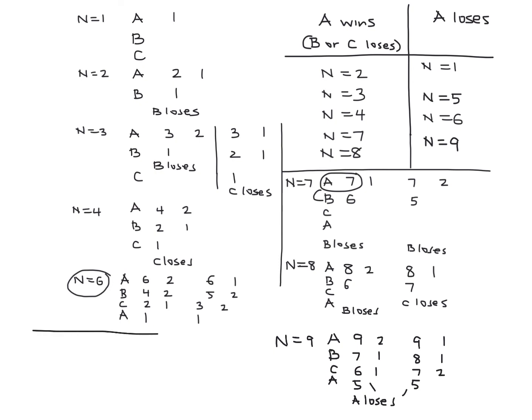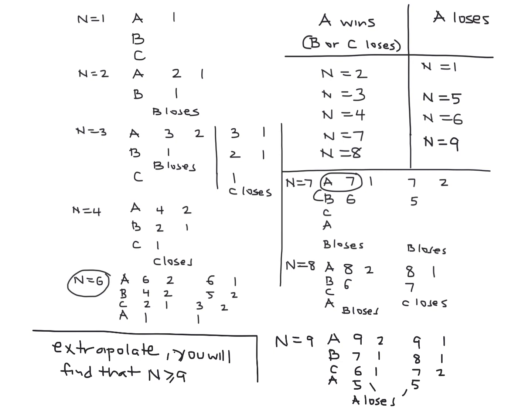If you extrapolate this, meaning n equals 10, n equals 11, and so on, you will find that for every n that's greater than or equal to 9, you can create a scenario where A loses. And it really has to do with just repeating what we've already done.